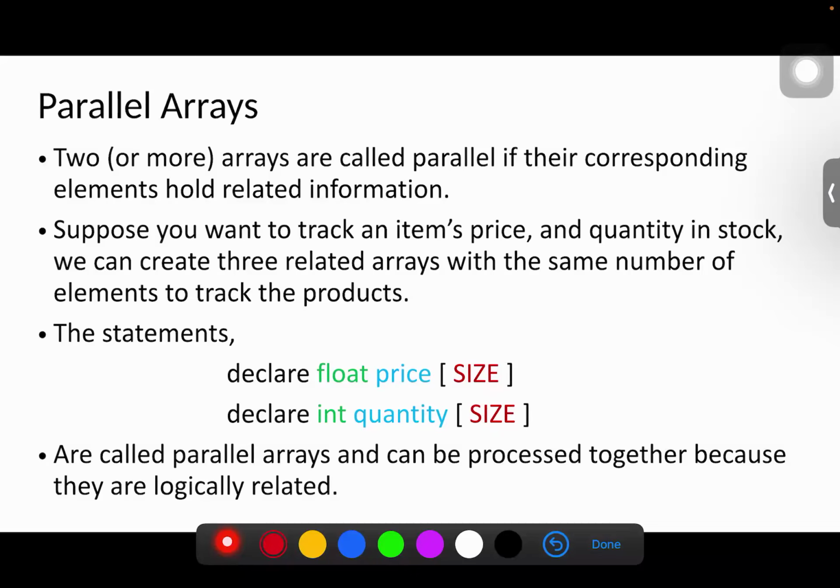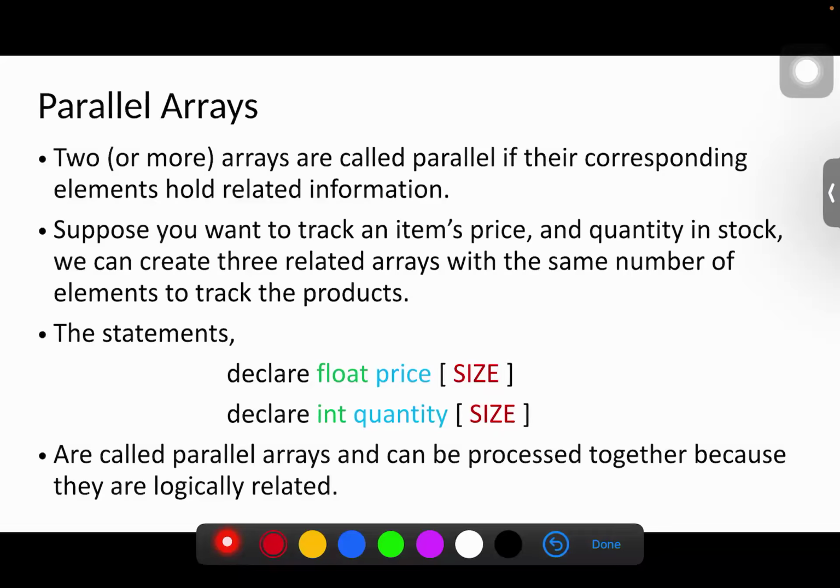When you have two arrays which are related, like an array of names which corresponds to an array of prices, then we have something we call parallel arrays. Then we can treat those two things like they are one item. So we are going to talk about parallel arrays now.